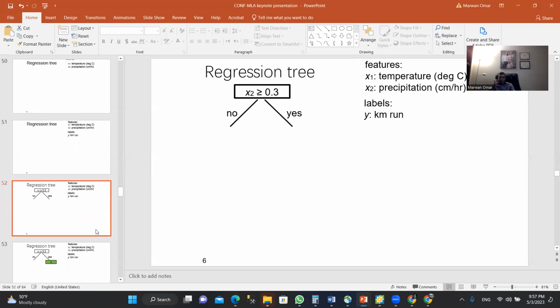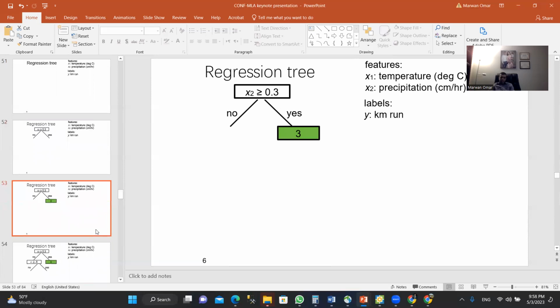So we have X1 again as the temperature, which is one feature. Feature number 2 is the precipitation, which is X2. And we have the labels km and run. So we will do the math again. We'll compare the features with numbers. X2, which is the precipitation. Is the precipitation greater than or equal to 0.3?